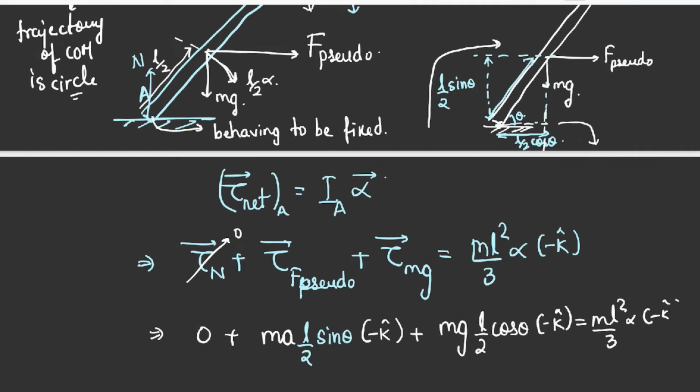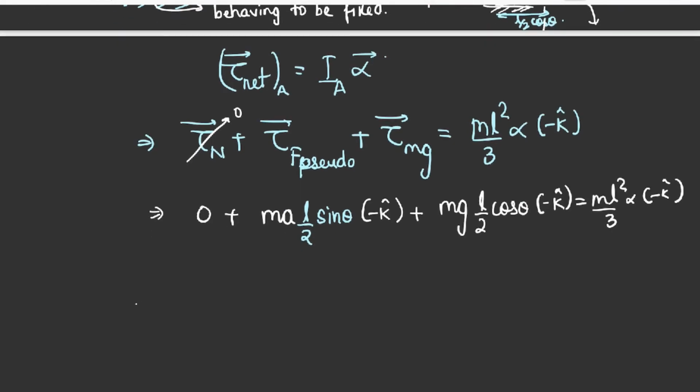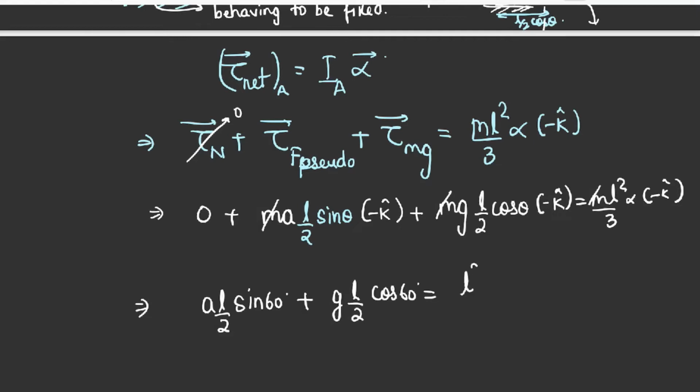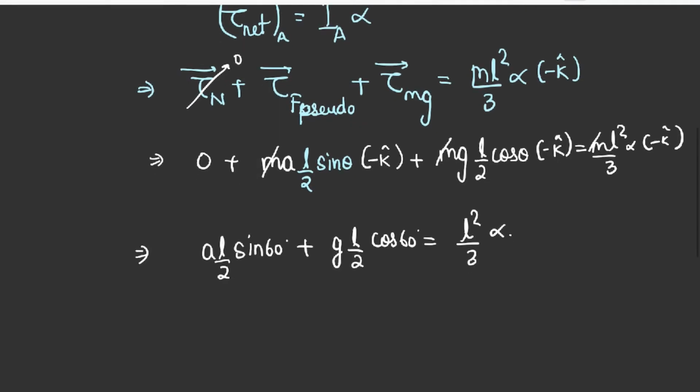Now as I got the equation, I can cancel them from all the points. I'll say A L by 2 sine 60 plus g L by 2 cos 60 is equal to L square by 3 alpha. I can write A in terms of the center of mass, as root 3 of ACM, which we found earlier.